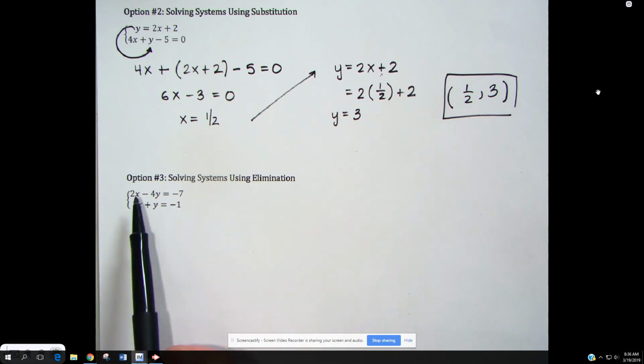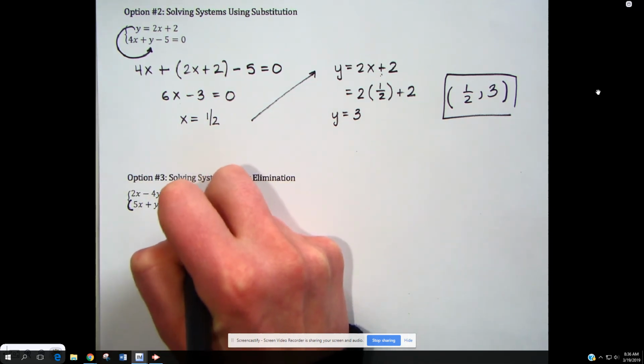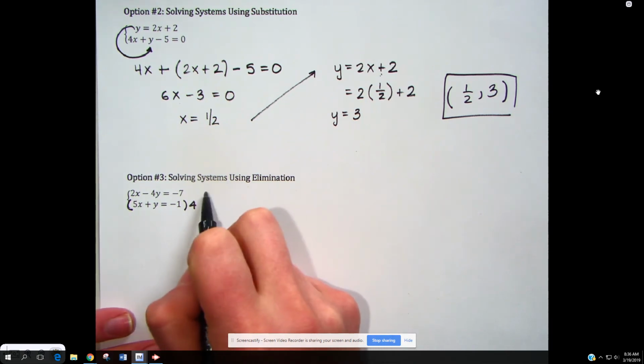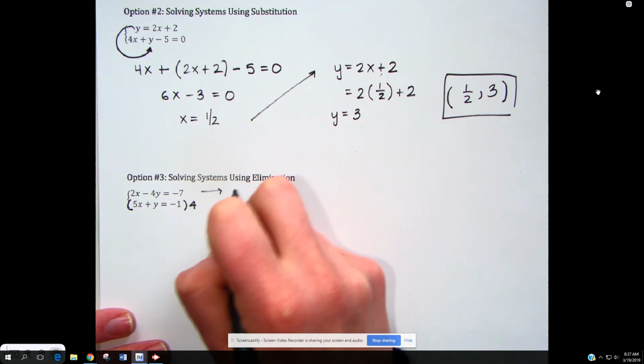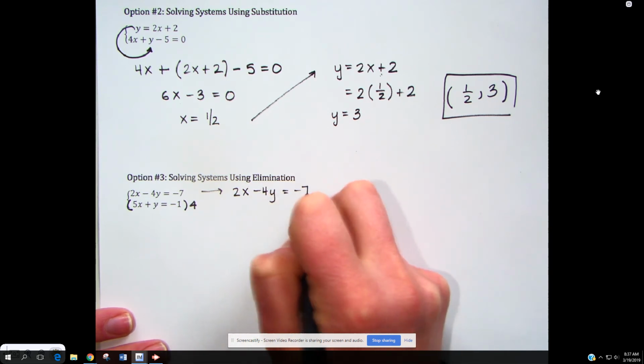So it's a little harder to make 2 and 5 equal and opposite, but if I took that second equation and I multiplied it by a +4, then I would have a 4 and a -4 in front of each of my y's. So I'm going to choose to multiply that second equation by 4. I'll recopy the first, just as it's written, still true.